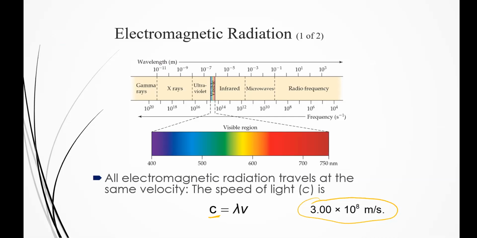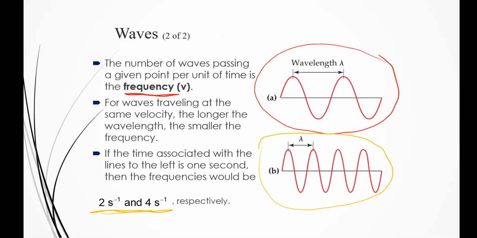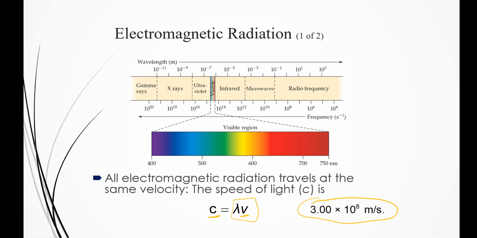Then if they're all traveling at that same speed, the frequency that we see is related to their wavelength by that equation down there, which is why when we shorten the wavelength, we increase the frequency. If we lengthen the wavelength, we decrease the frequency. So they're inversely related to each other. When one goes up, the other goes down. The reason we're interested in electromagnetic radiation is that all of this is electromagnetic radiation. It's all the same thing, just at different wavelengths and different frequencies.